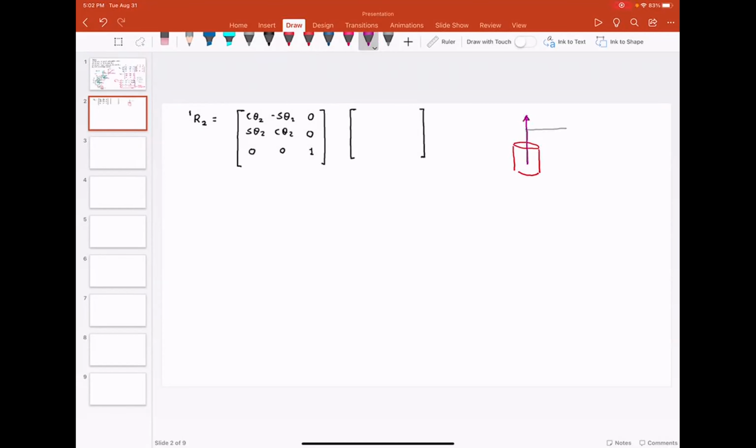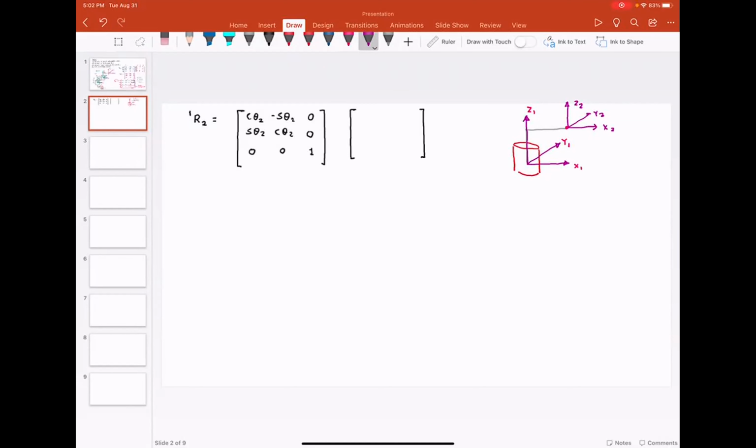And once you are familiar, and I promise you, you will be after 7-8 problems, you can just look at the robot and write down the homogeneous transformation matrices. Z1, X1, Y1. This is the end effector. Z2, X2, Y2. Do you agree with me?